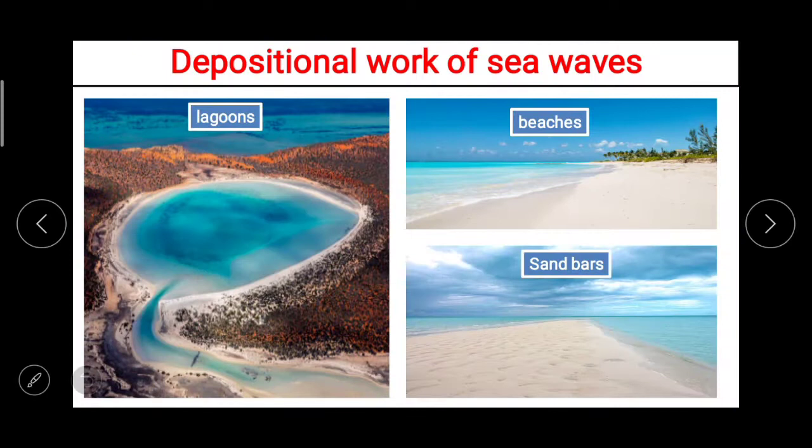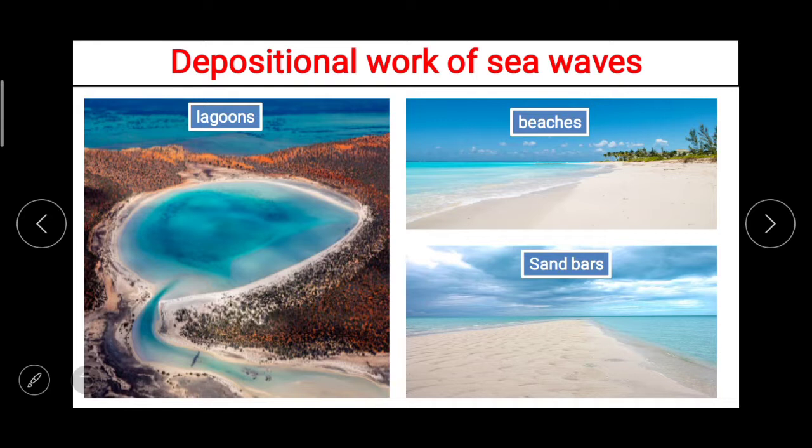Now, the next thing, depositional work of sea waves. The eroded materials accumulate at the seabed, and because of tides they keep on moving towards the coast and away from the coast. They become fine because of attrition and hitting each other.